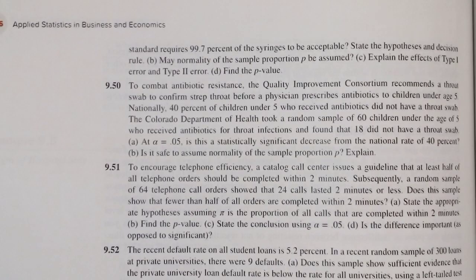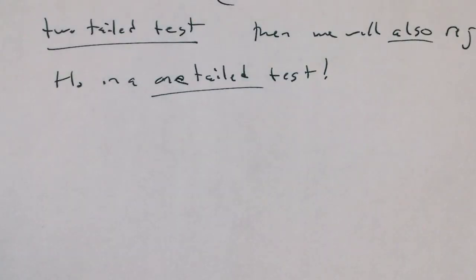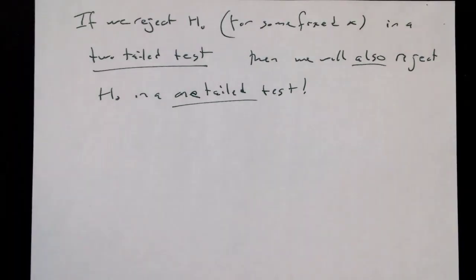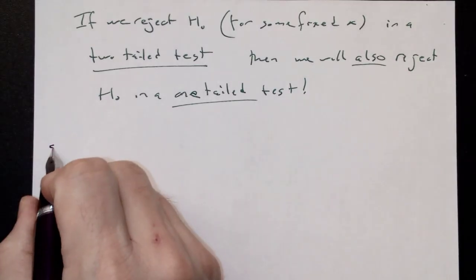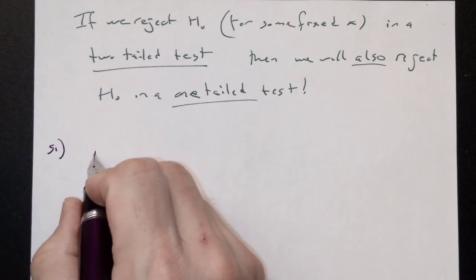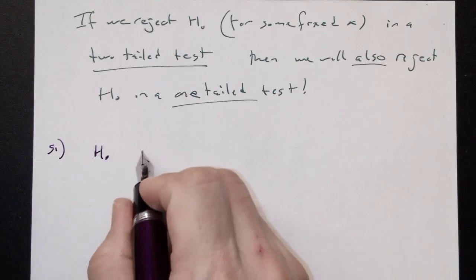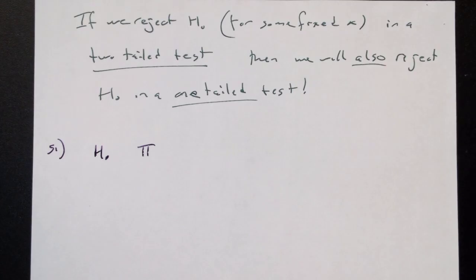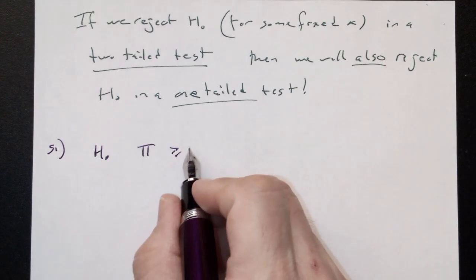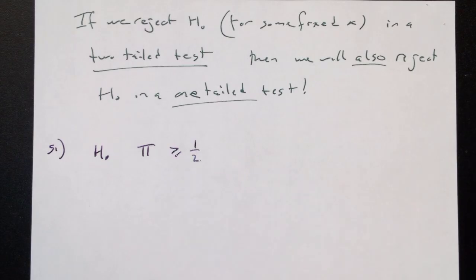See how the benchmark's about the proportion of calls? I want the proportion of calls to be at least half, 0.5.